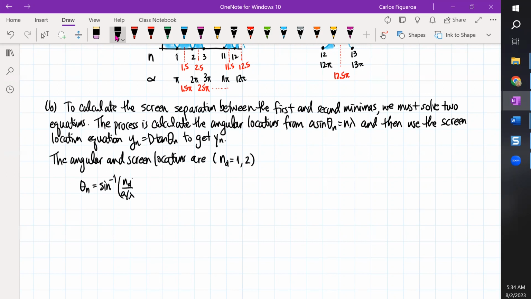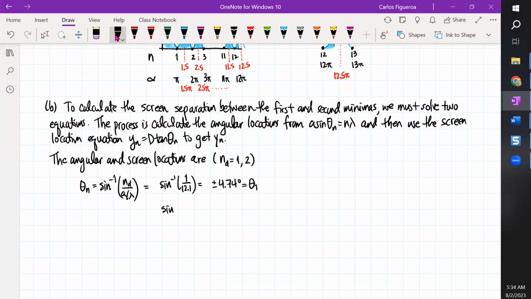So now if I put these values in, theta 1 is going to be sine inverse of 1 divided by 12.1. And when you calculate this, you get plus or minus 4.74 degrees, and that's going to be theta 1.